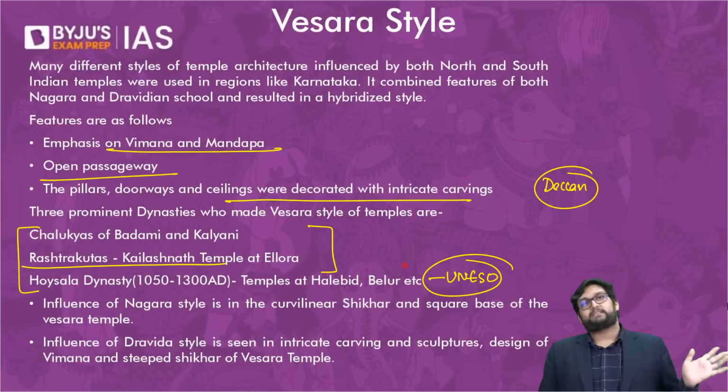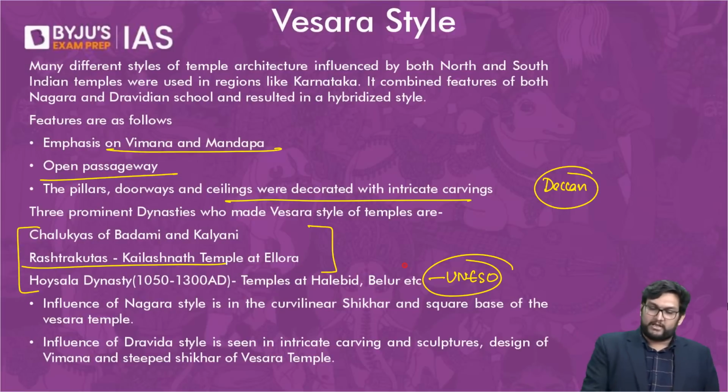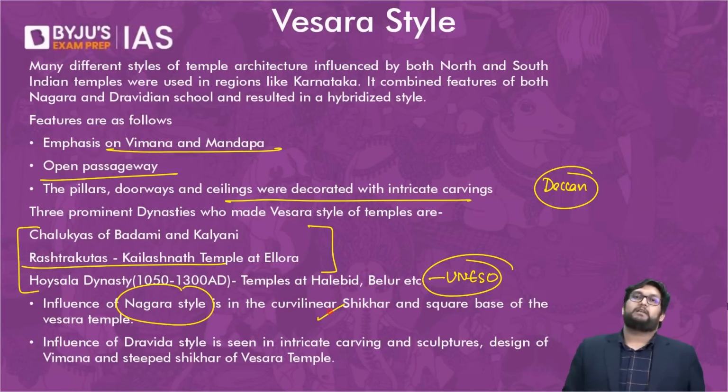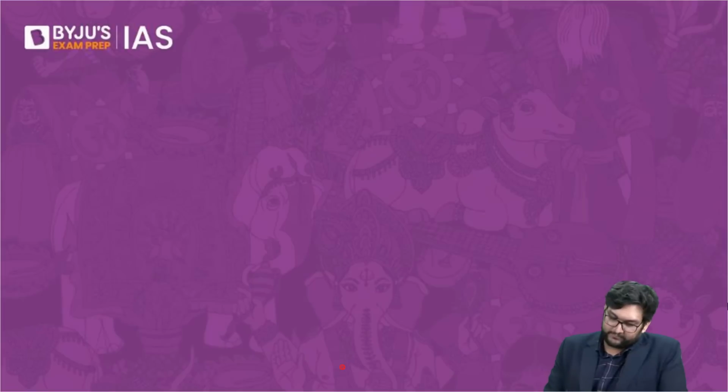These are what we discuss separately in our UNESCO World Heritage discussion and the current affairs discussion. But as I told you, Nagara style influence is on the curvilinear shikhar, and Dravida style is the intricate carving.